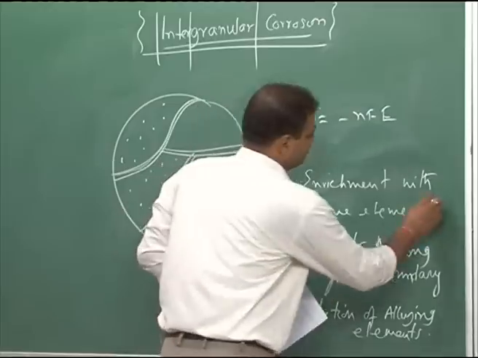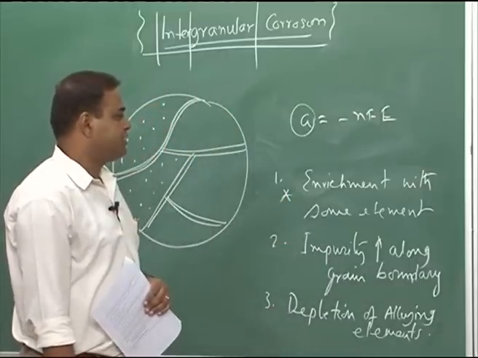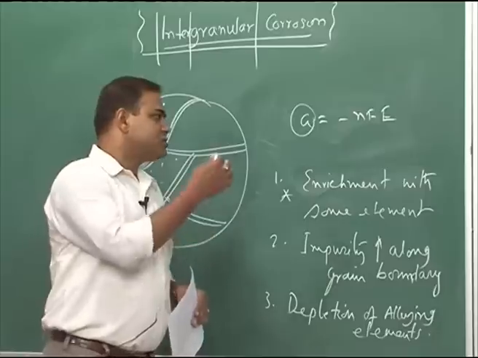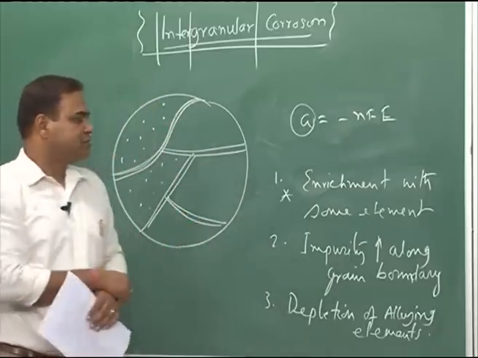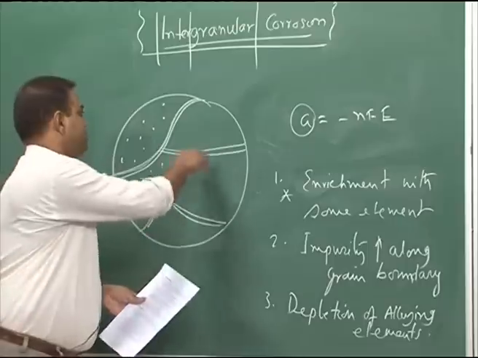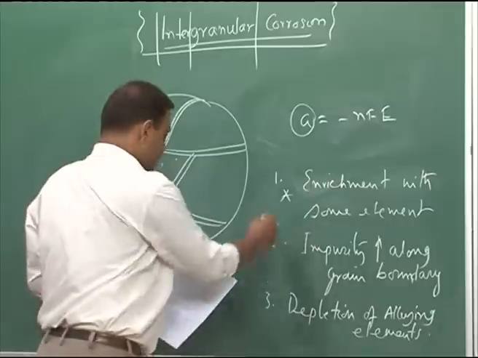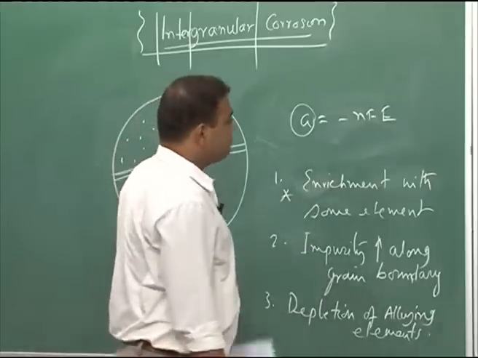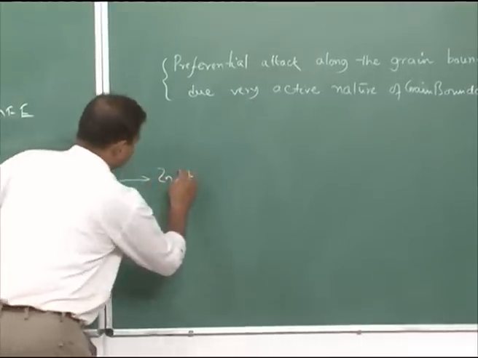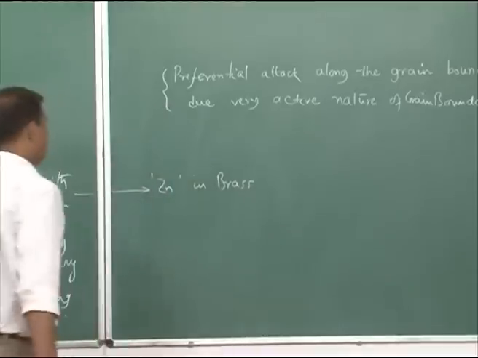Now, one example is brass. When it solidifies, generally zinc goes to the grain boundary section, and there could be increased zinc concentration along the grain boundary. So, this example is zinc enrichment in brass.